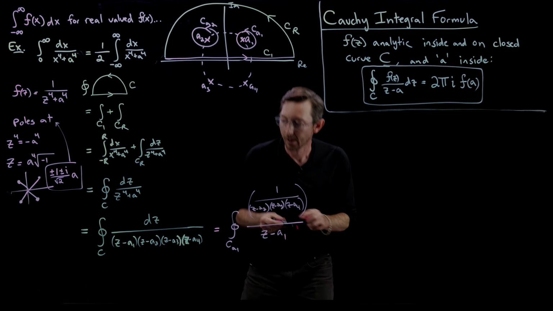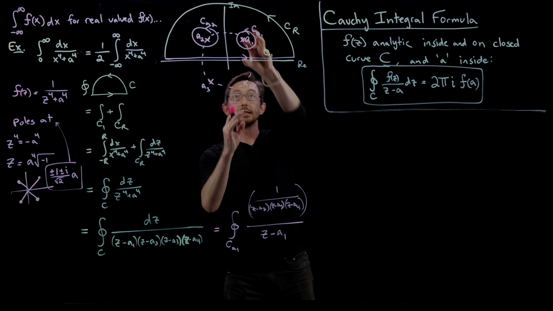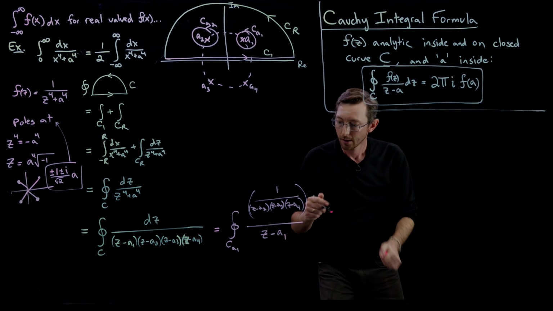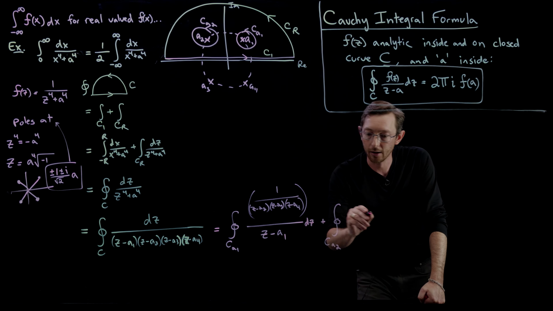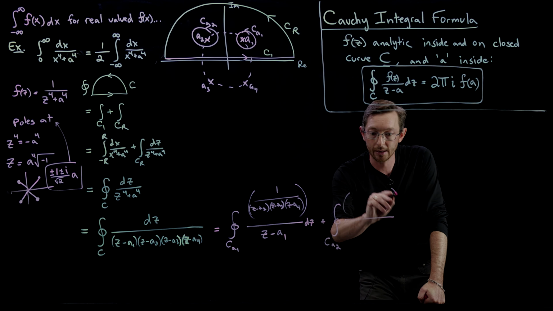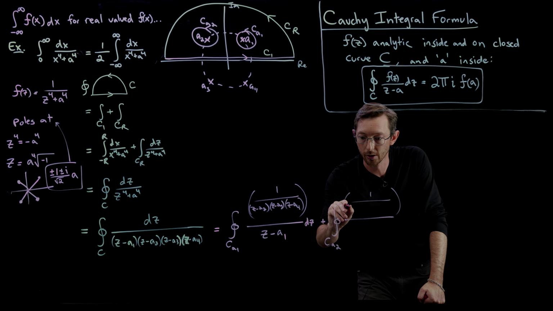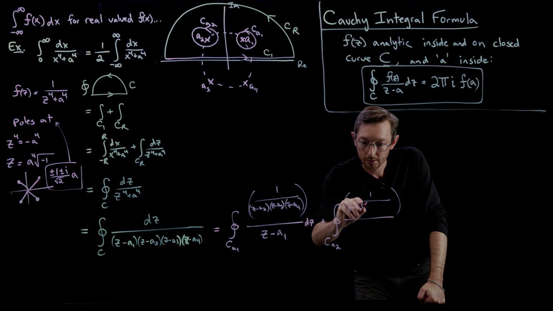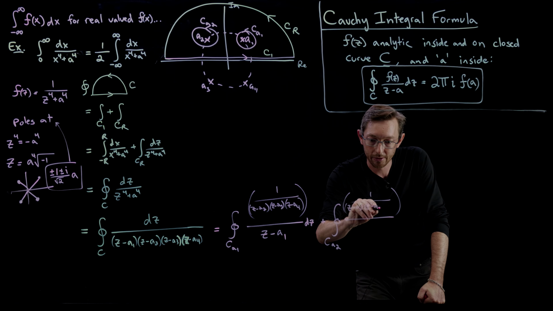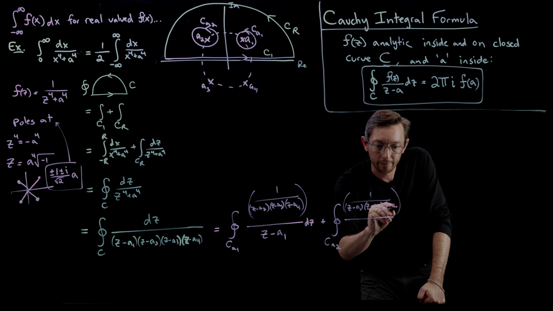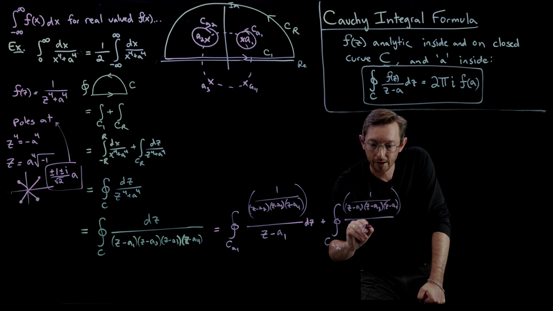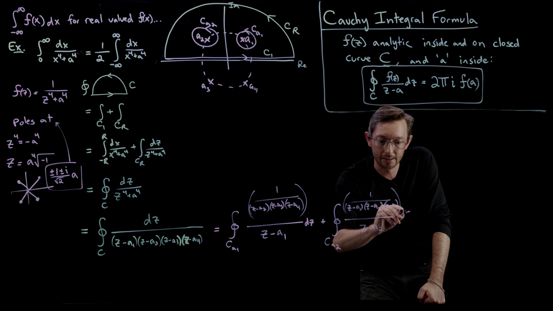So this is one part. This is the integral around CA1 dz plus the integral around CA2 of the part that's analytic, which again is 1 over z minus a1 times z minus a3 times z minus a4, all of that over z minus a2 dz.